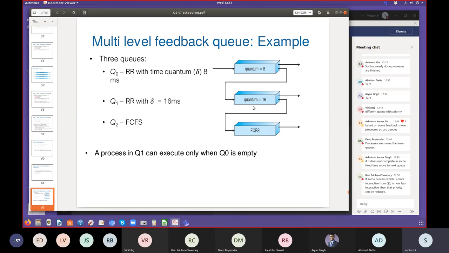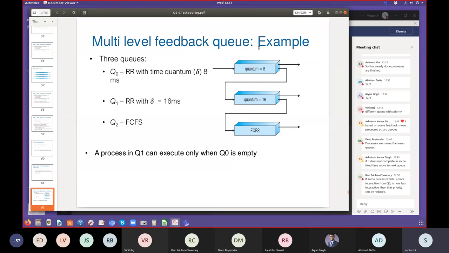Then let's say it is given a 16 milliseconds quantum. If it still does not finish, and if it finishes now, fine, go ahead. If it still does not finish, that means it has been given 8 milliseconds and then 16 milliseconds. So 24 milliseconds is a lot of time for a CPU. If a process has not completed even with 24 milliseconds, then it moves further down the priority to the FCFS queue. That means this is a long process.